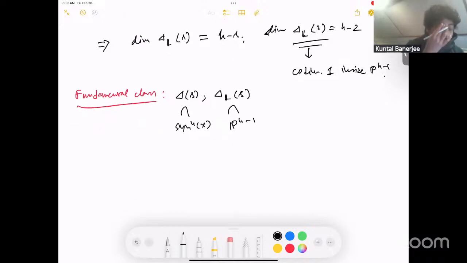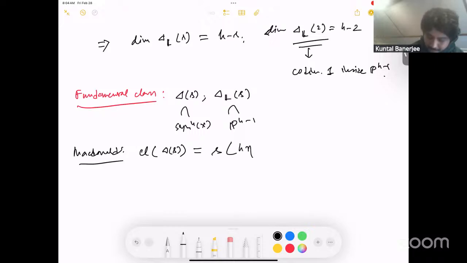So you have the right to ask for their fundamental classes. McDonald actually computed the fundamental class of this delta S. These are now very standard. I took the results of McDonald and pasted them in my article. So this fundamental class of delta S is actually, I will explain the expressions.